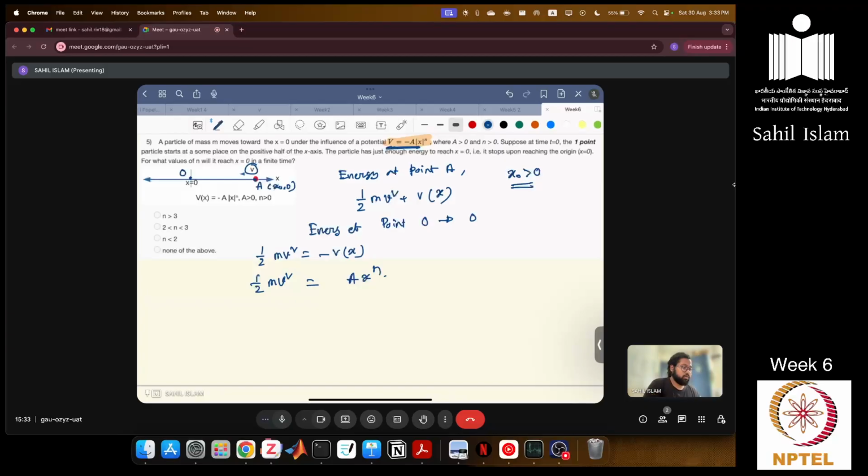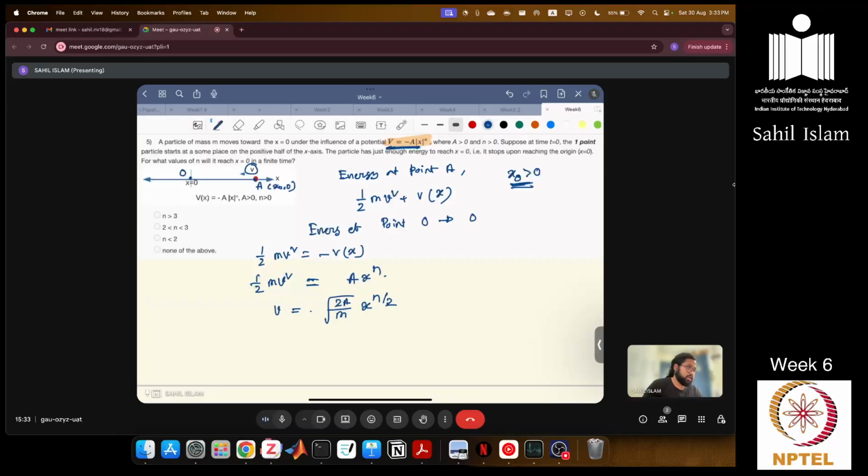We'll put information about x0 after we integrate. Then v becomes root of 2a by m times x to the power n by 2, with a minus sign.